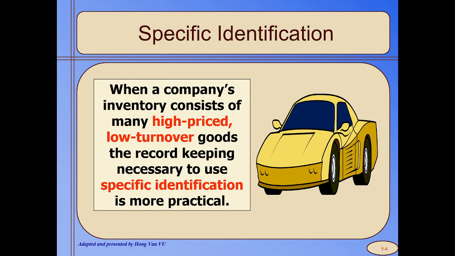So what does it mean, the specific identification? When a company's inventory consists of many high price, low turnover goods, the record keeping necessary to use specific identification is more practical.